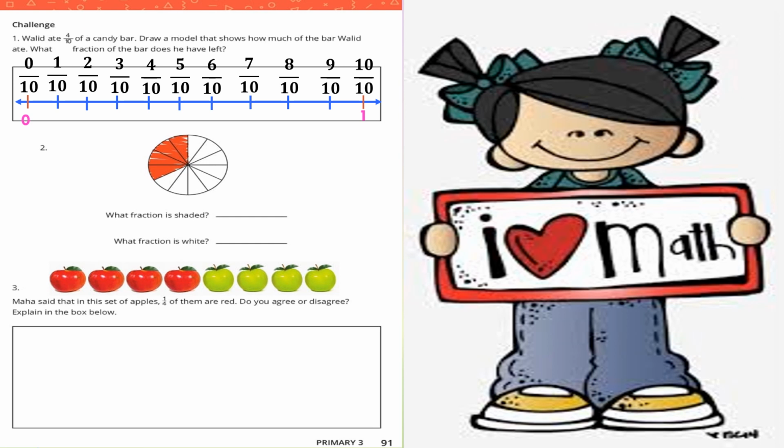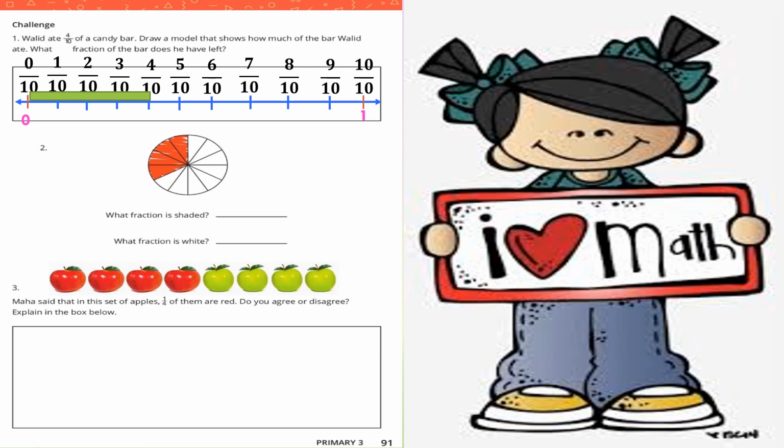Here we want to locate 4/10 on this number line. What shall we do? We must start from 0/10 and join between 0/10 and 4/10. Okay, this is the location of 4/10 on this number line.